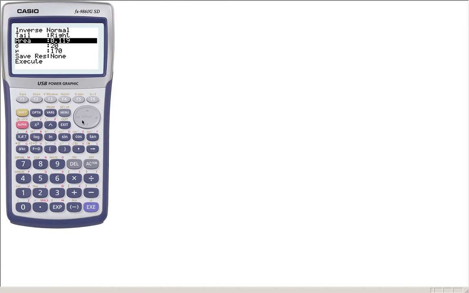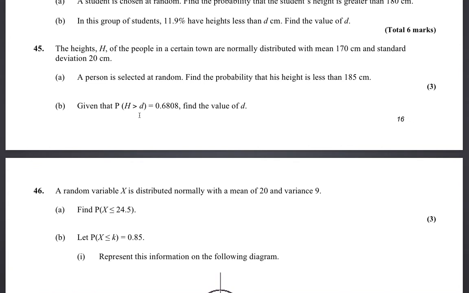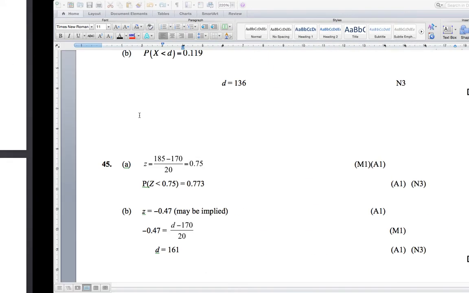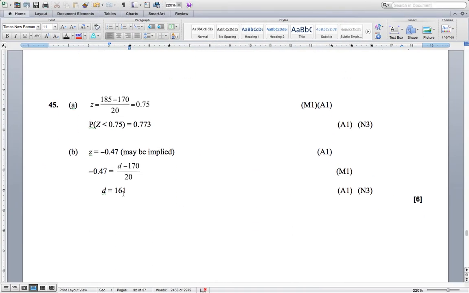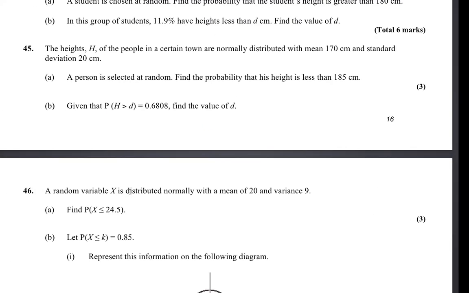And the area is 0.6808. Sigma and mu are the same, so enter. So x is 160.6, it is 161. So the value of d is 161. Yeah, that is correct. d is 161.